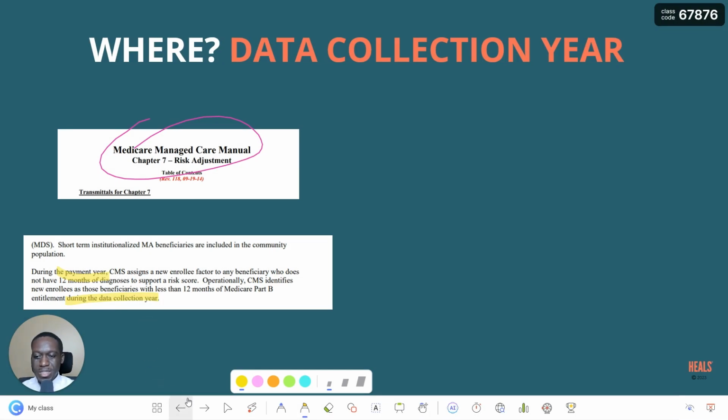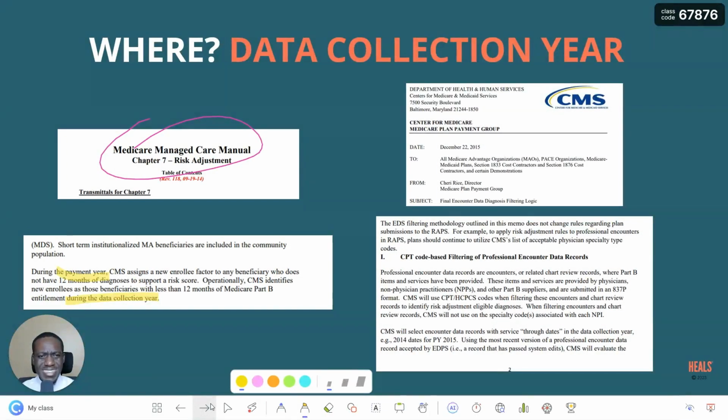Another example that we have here is HPMS memos. We've been talking about HPMS memos, and this HPMS memo was released in 2015 and is the final encounter data diagnosis filtering logic. And it's very interesting because here you'll see a lot of the terminologies that we have been discussing.